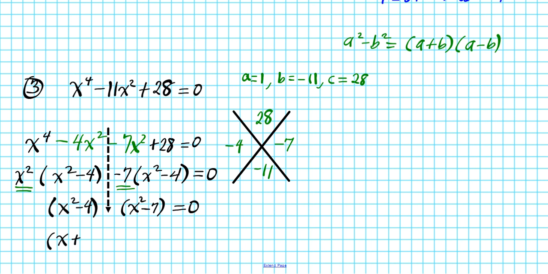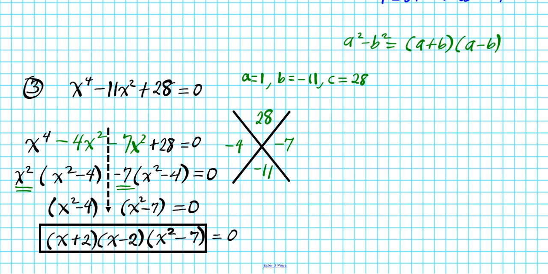You have x plus 2 times x minus 2. And then x squared minus 7 is almost a difference of squares, but 7 is not a perfect square. So that cannot be factored further. We just drop it down as x squared minus 7 equals 0. And there goes your final result.